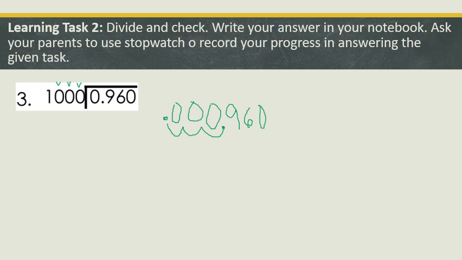Okay, so kaya magiging answer natin dito is, dito ko nilalagay sa baba, 0.0009660. So, ano mangyayari doon sa unahan ng decimal point? Wala kasing number na nakalagay. So, lagyan natin siya ng 0, kasi walang whole number.